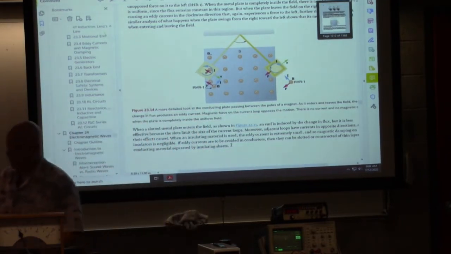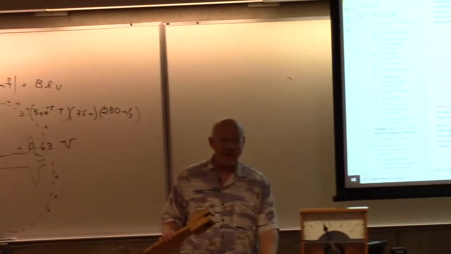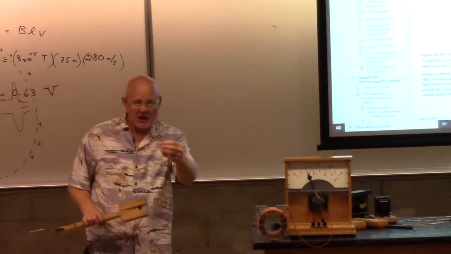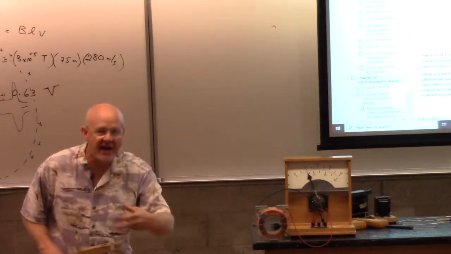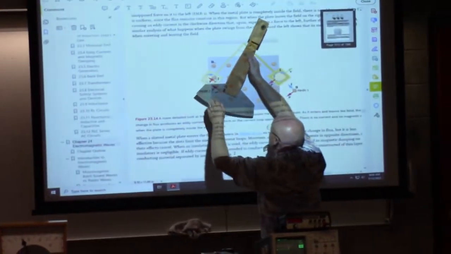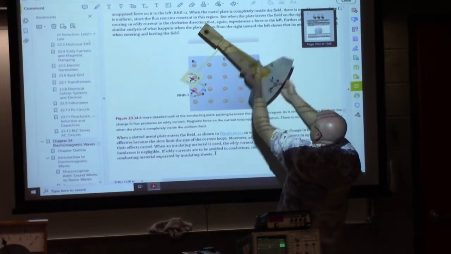And in that case, there would be no change in flux. And so in other words, we have a braking effect only while it's entering. Of course, because Faraday's law says it only happens while you change. And so as this comes in, there's a change. Now, as it comes out, there's a change also.